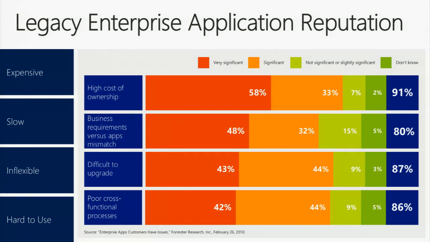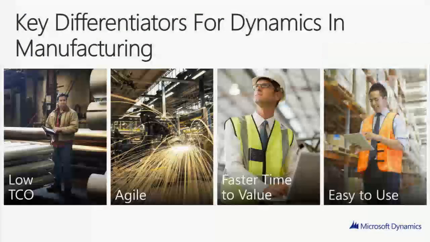The good news for us from a Microsoft perspective is that legacy ERP applications have a bad reputation. If we ask our customers why they're coming and seeking products from Microsoft, it's because they think their legacy solutions are expensive, slow, inflexible, and hard to use. Microsoft's approach is to go right after that particular set of problems with our value prop.